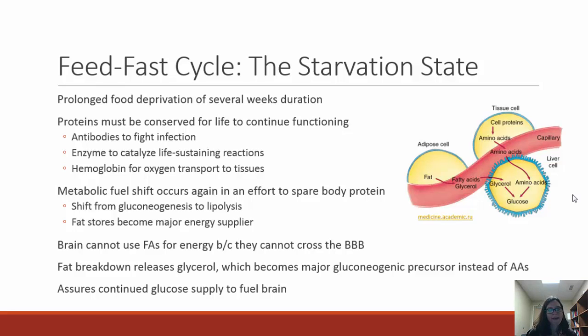However, when we have lipolysis, we do get the release of glycerol, and that can be used for gluconeogenesis, which can supply our brain with energy. So this ability to produce glucose from the glycerol backbone of fats during lipolysis assures a continued glucose supply of fuel to the brain.